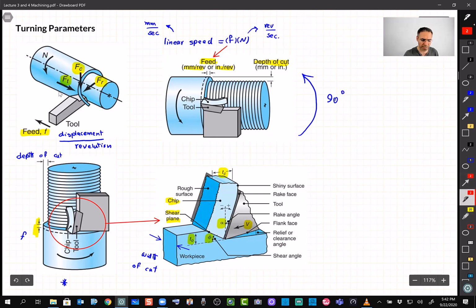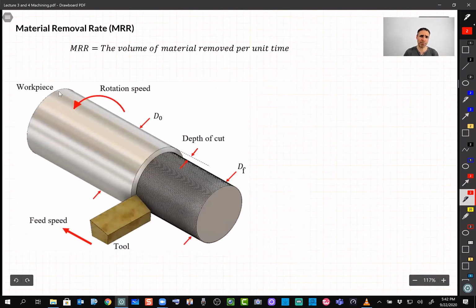This FC we call the cutting force, and it is important for us because that's what determines how much power we need to cut a certain material with a certain speed. All right. So if you're okay, let's move forward one more step.